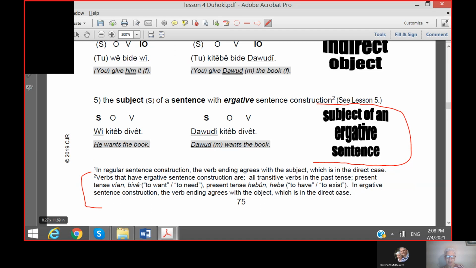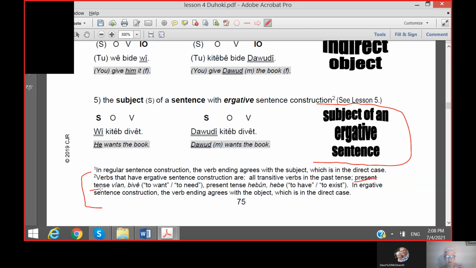Verbs that have ergative sentence construction are all transitive verbs in the past tense. For example, eat is a transitive verb. So anytime you say ate, so we ate, then you're going to use ergative sentence construction. So all transitive verbs in the past tense.